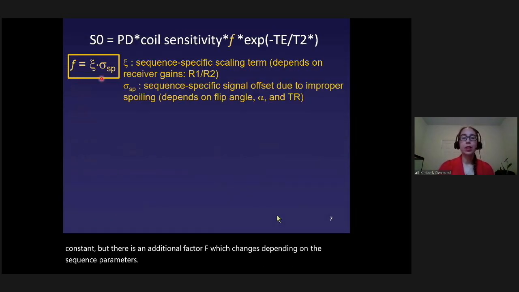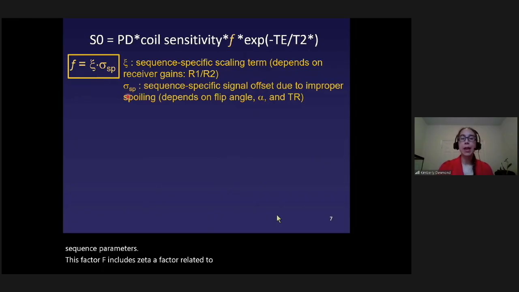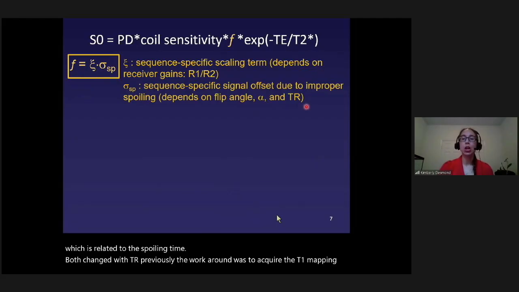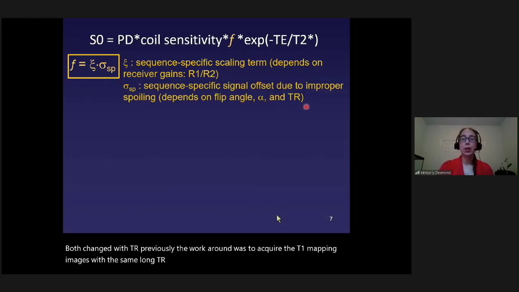This factor F includes zeta, a factor related to scanner adjustments, and sigma SP, which is related to the spoiling time. Both change with TR. Previously, the workaround was to acquire the T1 mapping images with the same long TR as the MT-weighted scans, causing an extension to the total scan time.